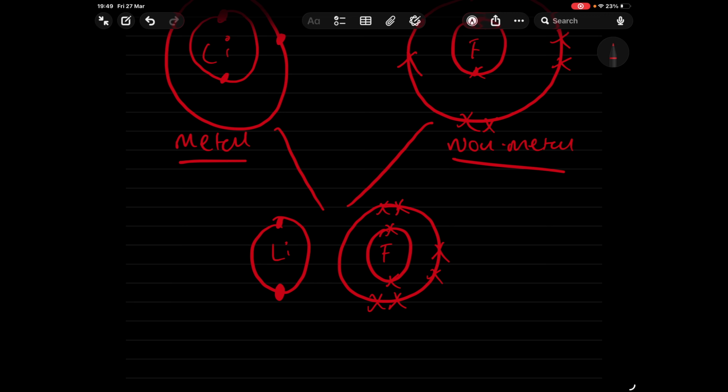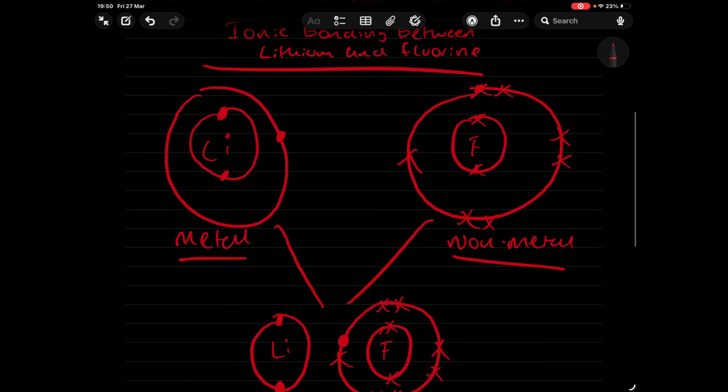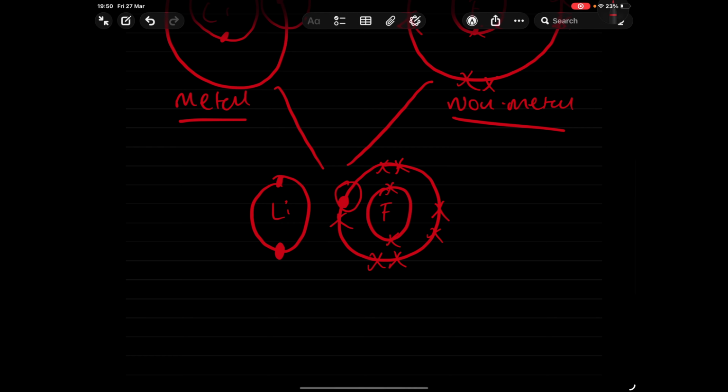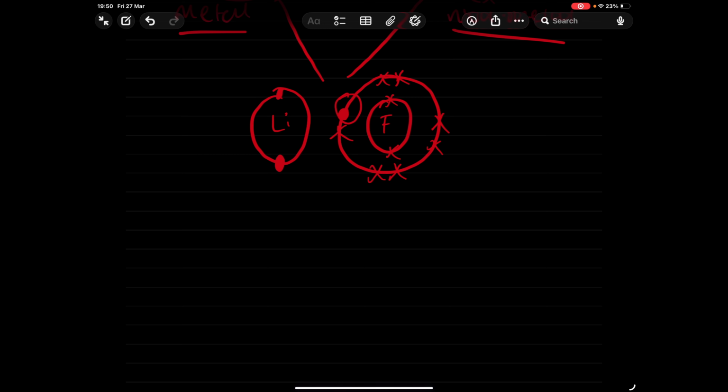This was its original 7, and now it's actually gained an electron from lithium. That was the lithium electron from here, and it's actually gone into here. So now both of them have a full outer shell, so they both are stable.